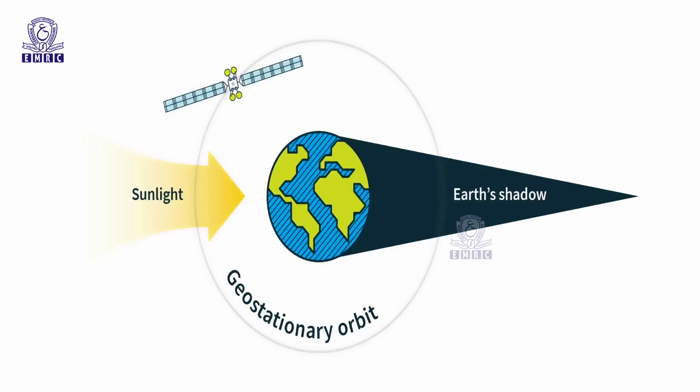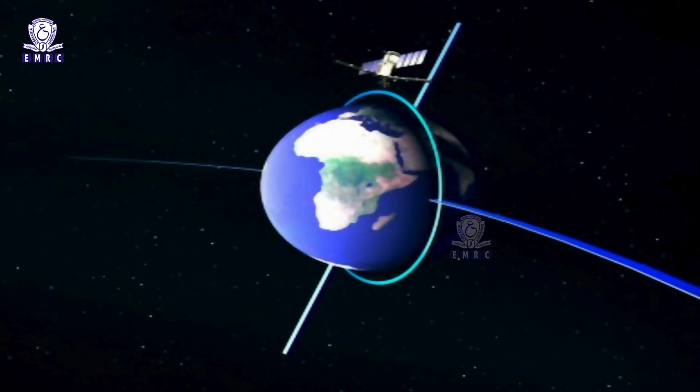Sun synchronous orbits are particularly useful for missions that acquire images of the Earth because shadows from objects at a given location on the Earth's surface are always cast from the same angle. This simplifies the comparison of images taken on different days to detect changes.